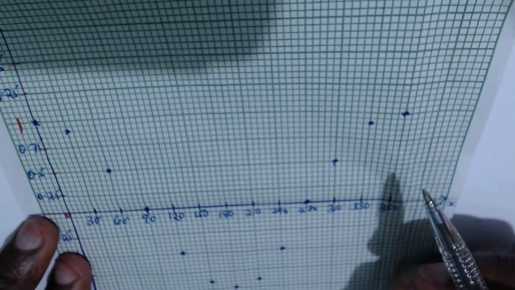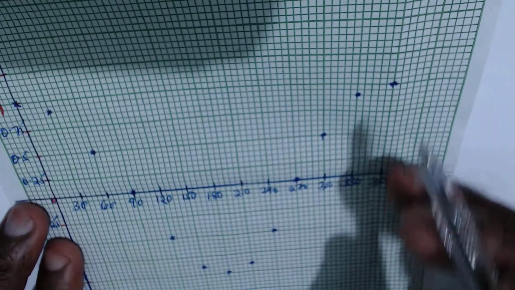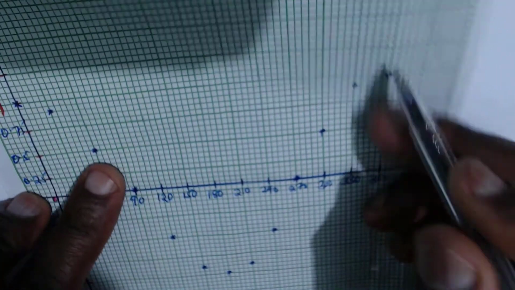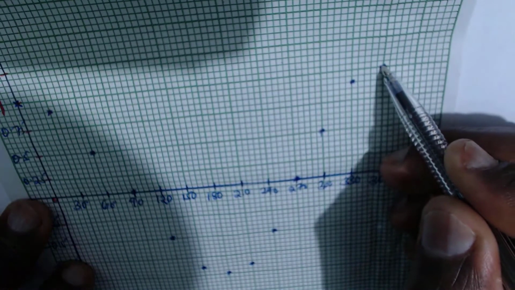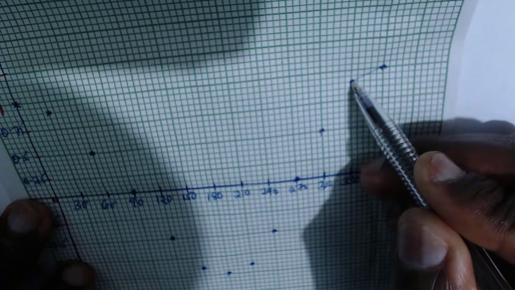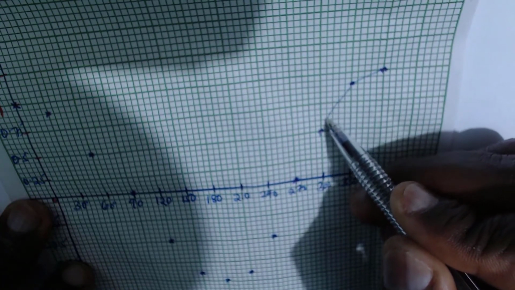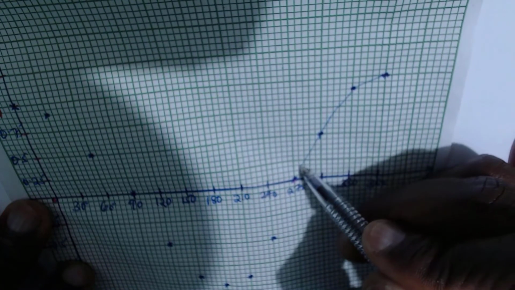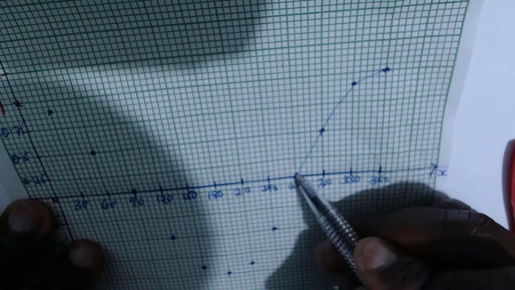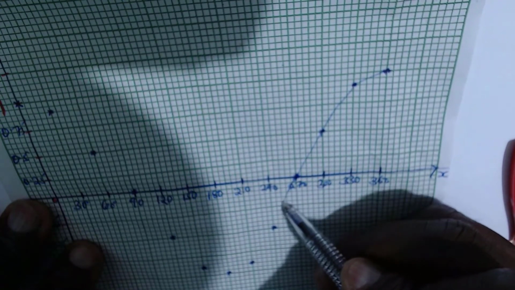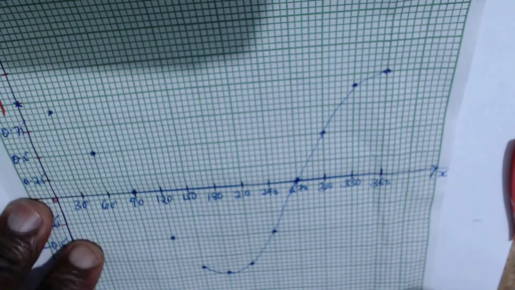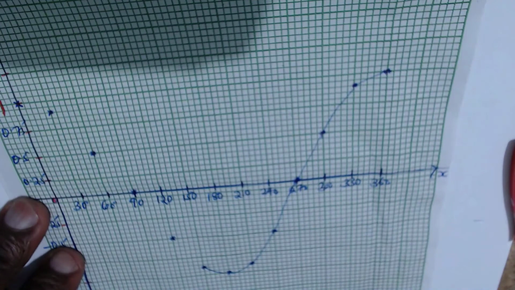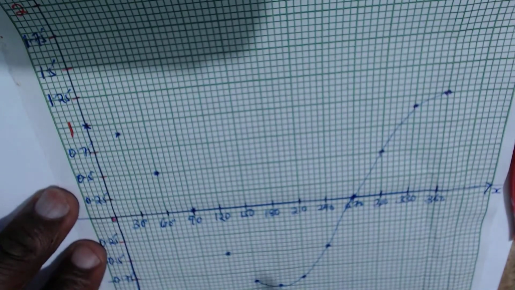So I'll begin from here. We join this point using a smooth curve. So we join from this end.